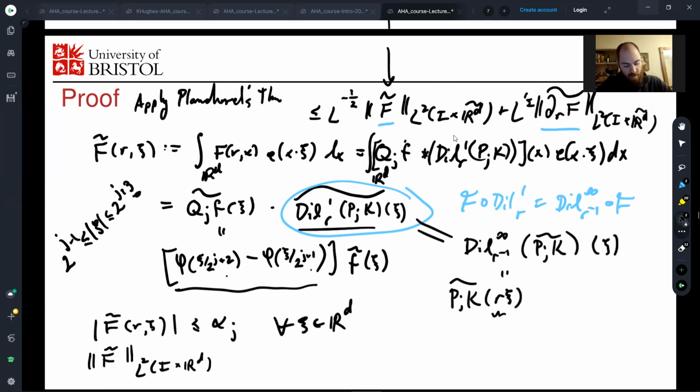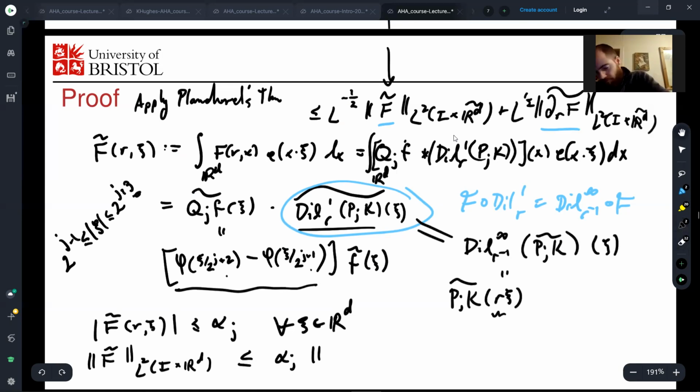Well, that's less than or equal to alpha j times the L2 norm. Sorry, not the L2 norm. I get this Q_j of f in L2.